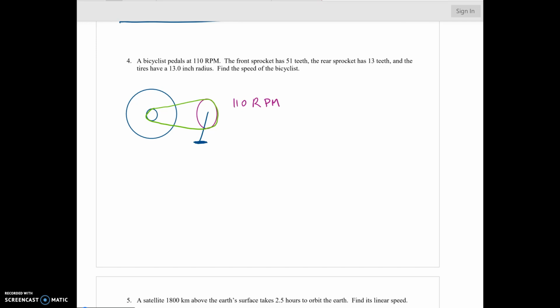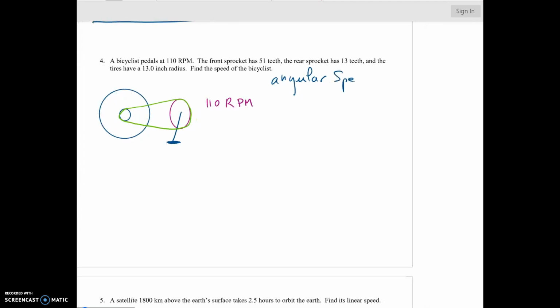So first of all, we can talk about the angular speed. All right. So now if I look at the linear velocity, linear speed, we have V of the front sprocket equal V of the rear sprocket, both defined by WF times RF.